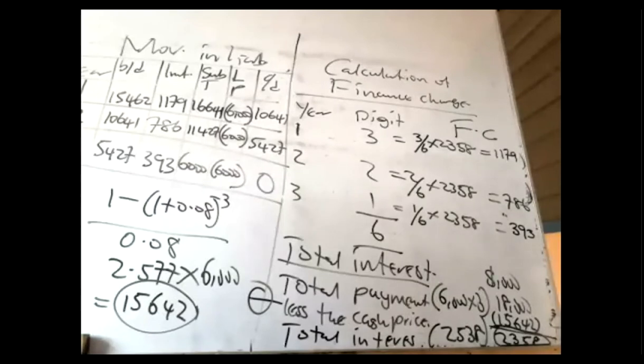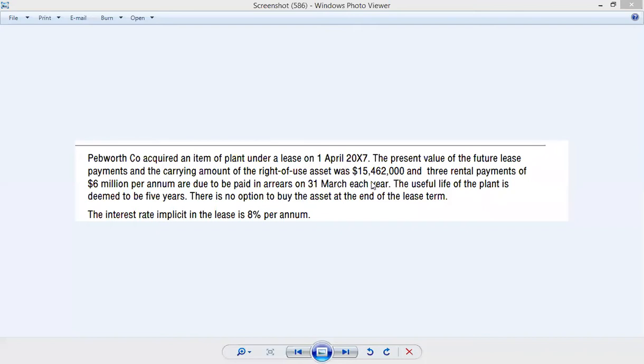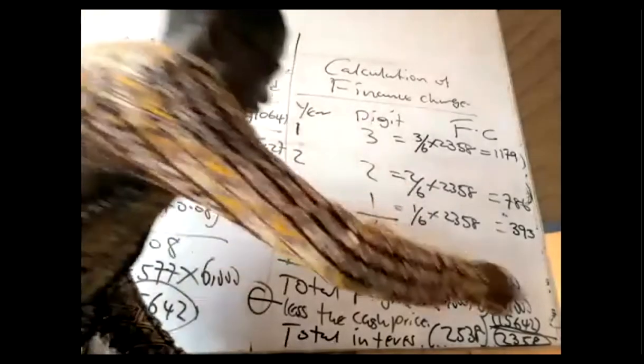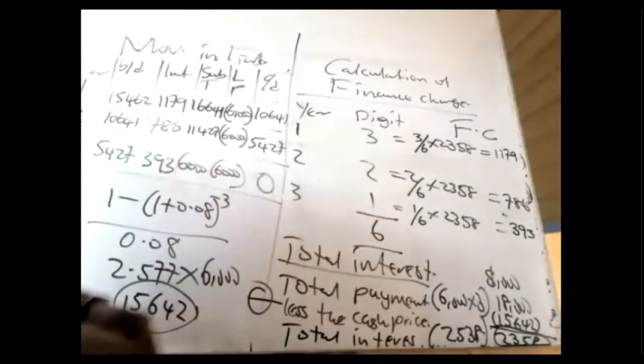Let's quickly confirm something. Now, what happened is this: they changed some of the figures from the original question. Going to the original question, the figure is 15,462. In our calculation, we made it 15,642, causing the difference.